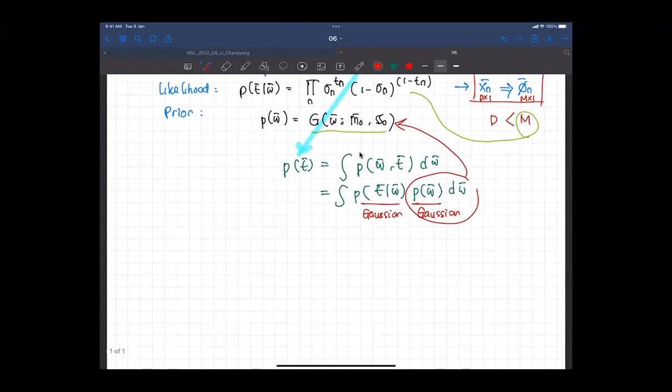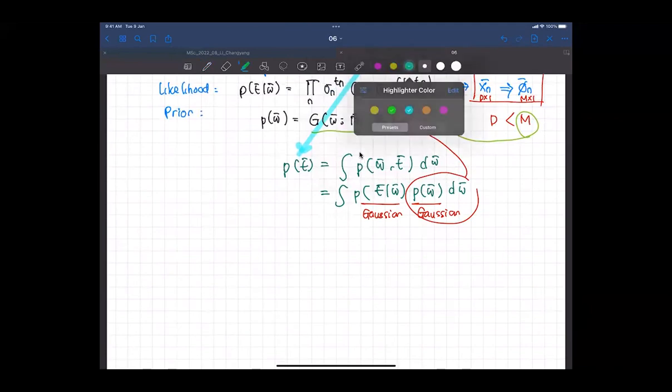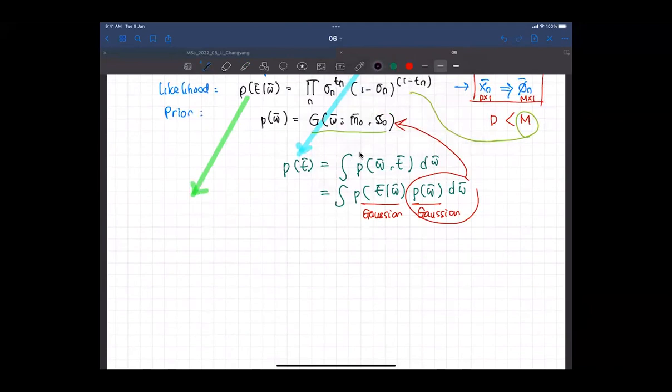As we learned last week, P of T consists of two things.